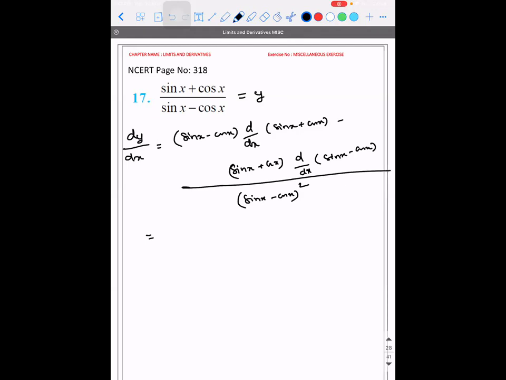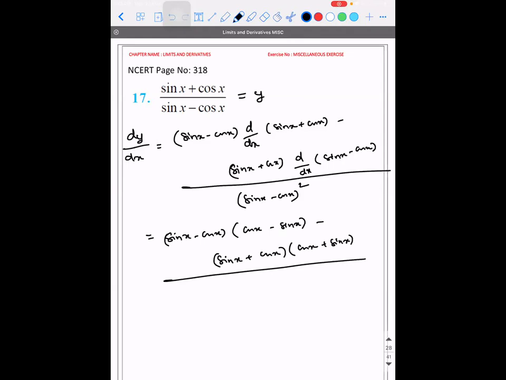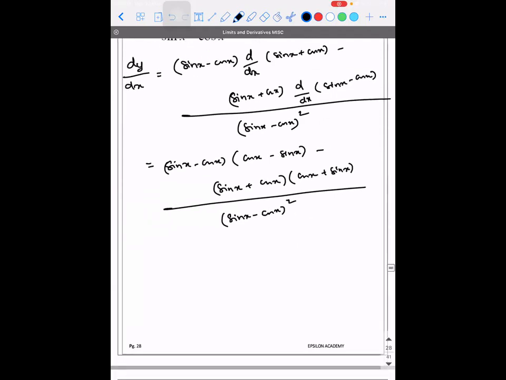So what is the answer? So (sin x minus cos x) into derivative of (sin x plus cos x) is cos x minus sin x, minus (sin x plus cos x) into derivative of (sin x minus cos x) is cos x plus sin x, the whole divided by (sin x minus cos x) the whole square. Right? So I'll expand both.